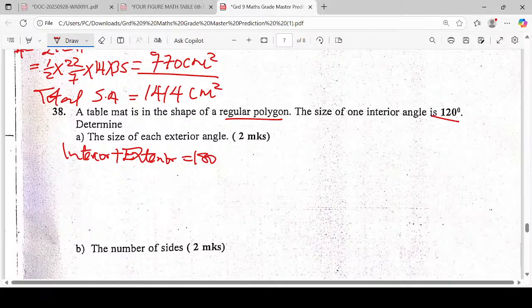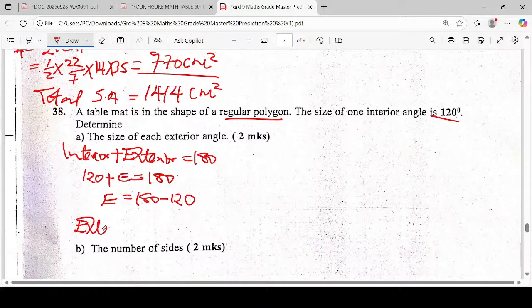So the interior angle is 120 plus the exterior angle E equals 180. So the exterior angle E is given by 180 minus 120, meaning our exterior angle here is now going to be 60 degrees.